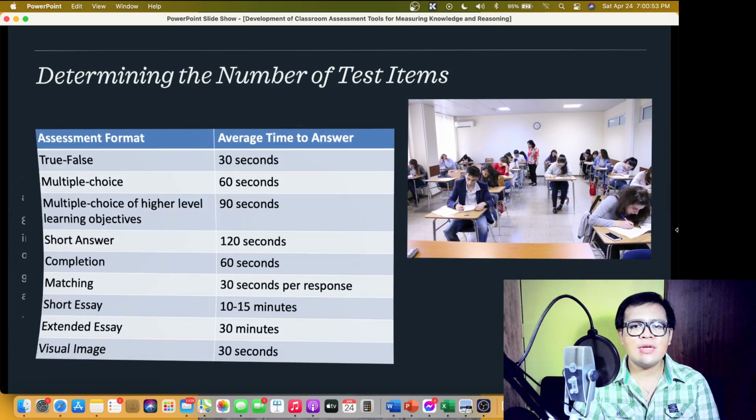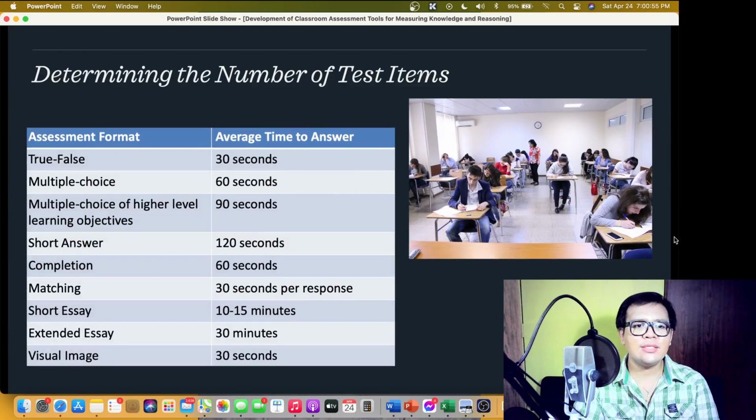So, determining the number of test items. As you can see, there are two columns shown in the table: assessment format and the average time to answer. For example, if you wanted to determine the number of test items for true or false, there should be an allocated time of 30 seconds per item. Multiple choice could be a minute per item.